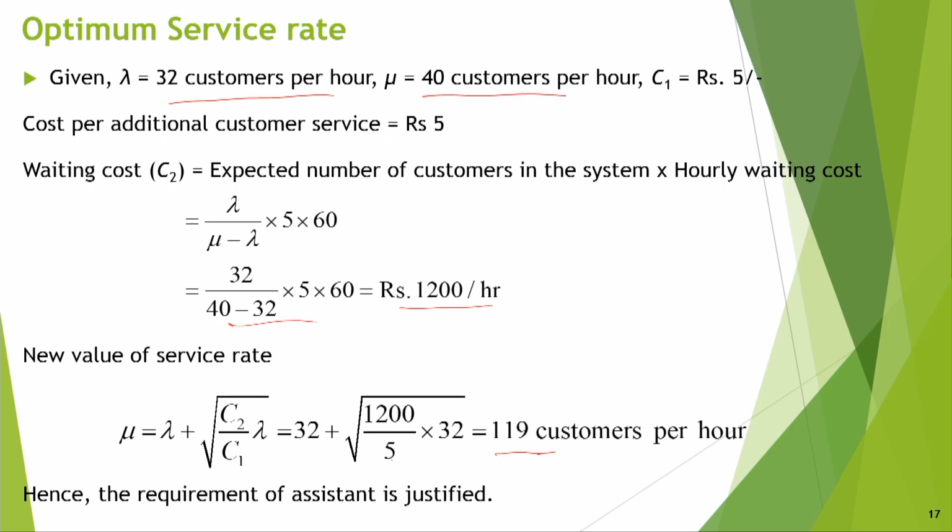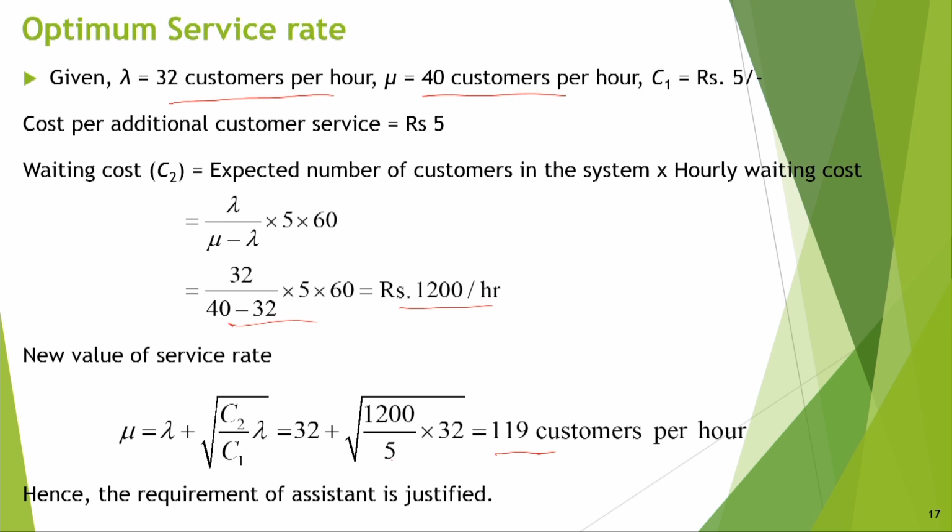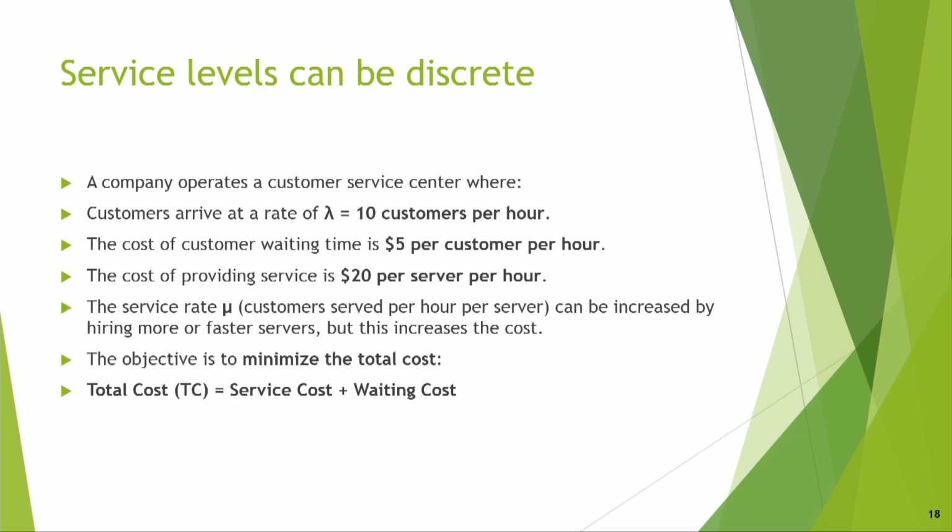But the assistant can provide a service of 120 per hour. It is written that if you employ an assistant, then it can give you service up to 120 customers per hour. So it is better than that, a higher rate, and that's why the requirement is justified. That means you can put an assistant.